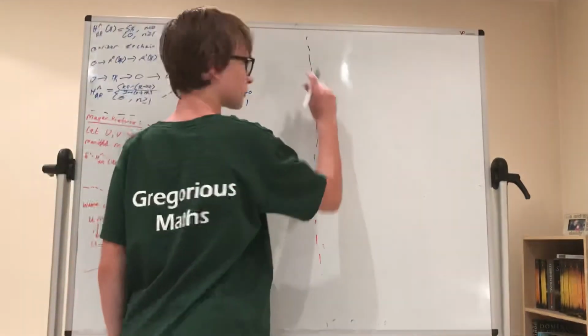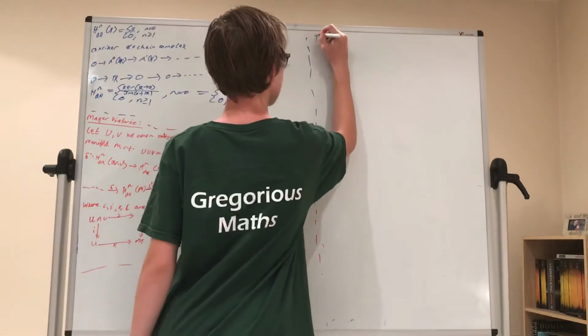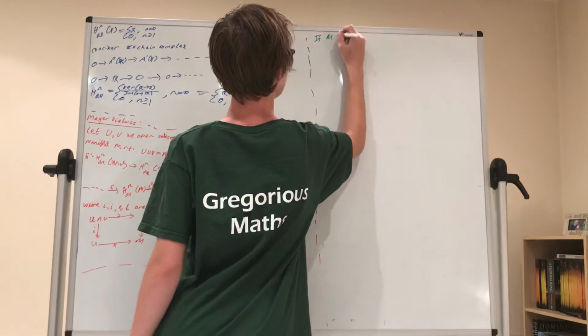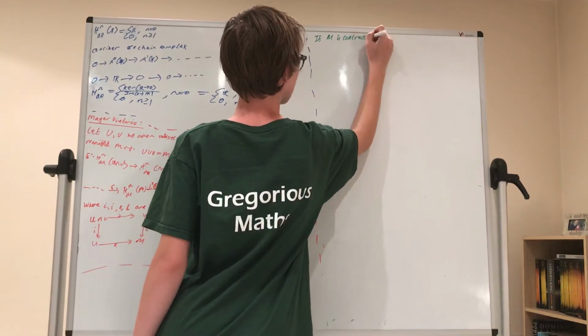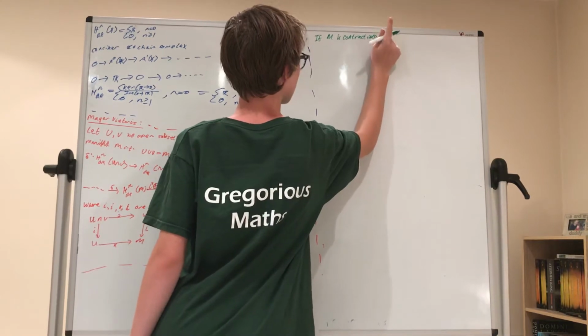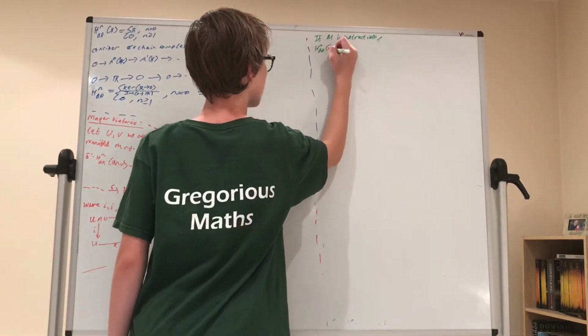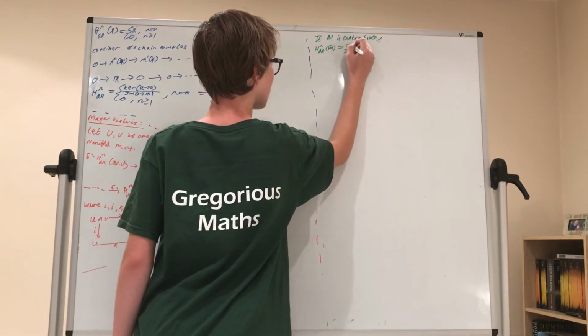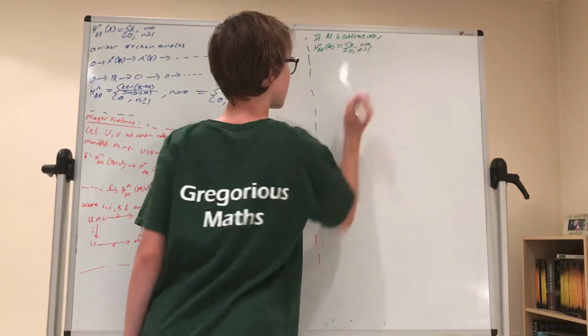A contractible space is one which is homotopic to a single point. Now, if M is contractible, then the nth de Rham cohomology group of M is equal to R for n equals 0 and 0 for n bigger than or equal to 1.